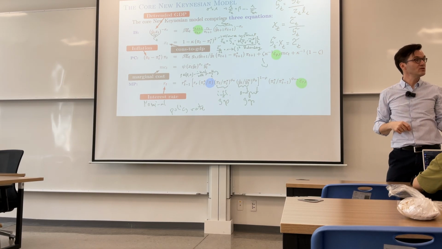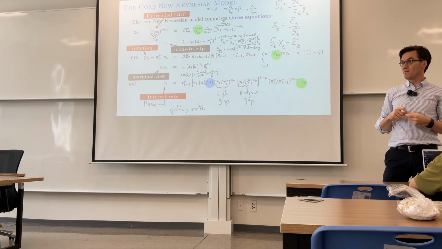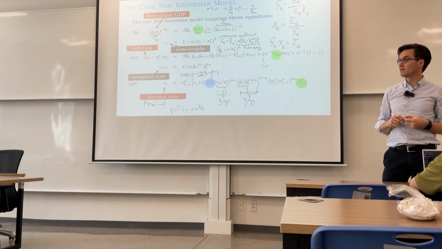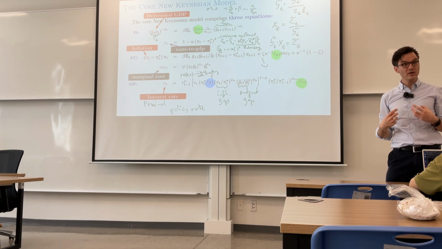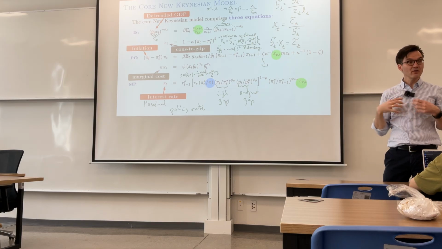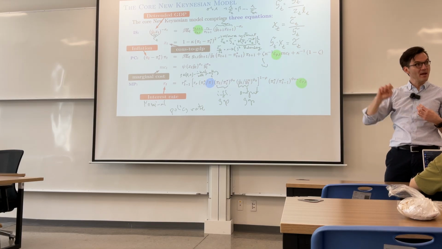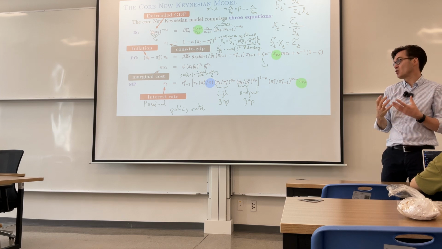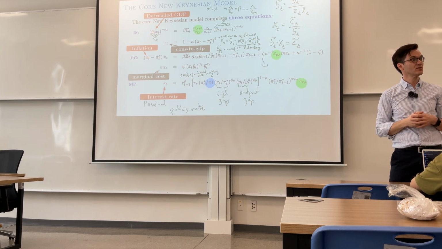The buzzword is precautionary savings. If you think that you may fall unemployed in the future, if you have a job today, that's great, but if you're worried I may fall unemployed tomorrow, you're going to save a little more today to prepare for the bad outcome. That's what we call precautionary savings, and the model has exactly that force.